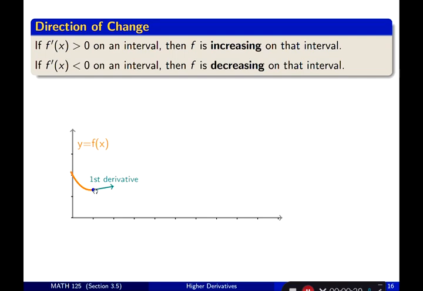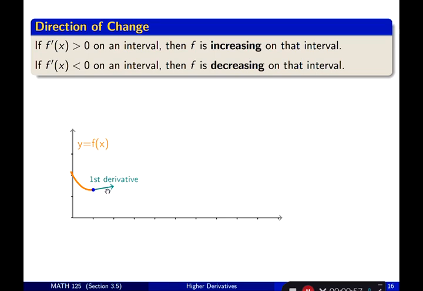So the little arrow here shows the direction of the derivative, or it shows the tangent line, and therefore it comes from the first derivative, right?